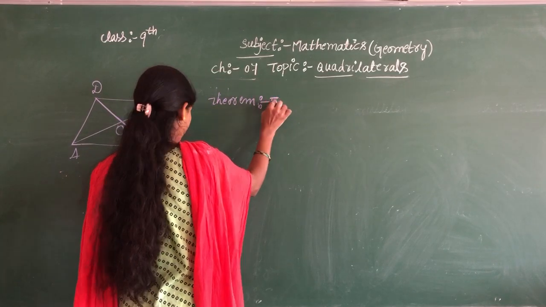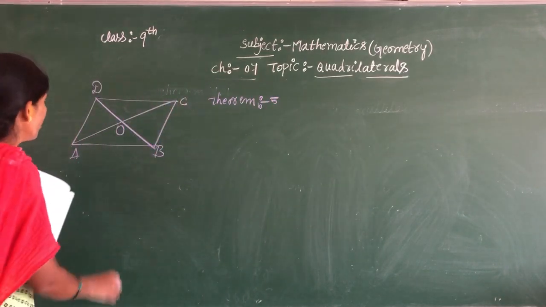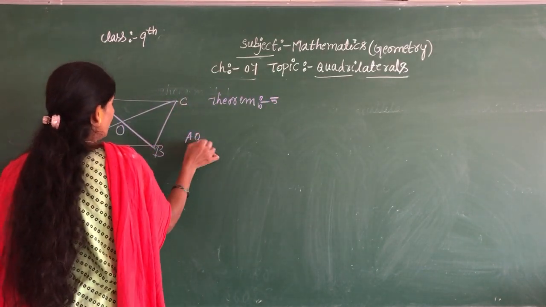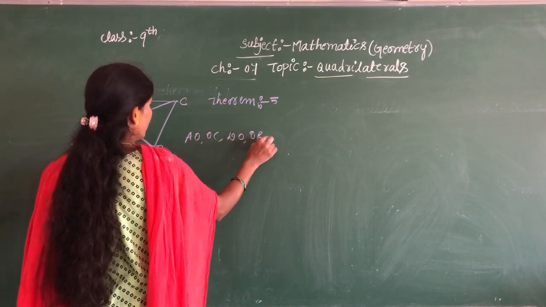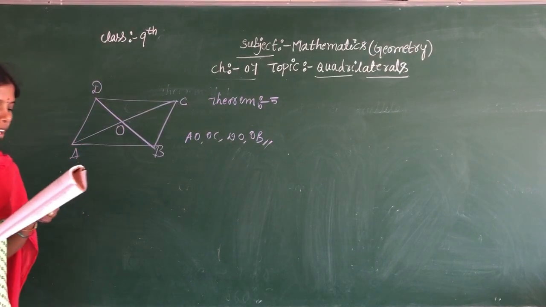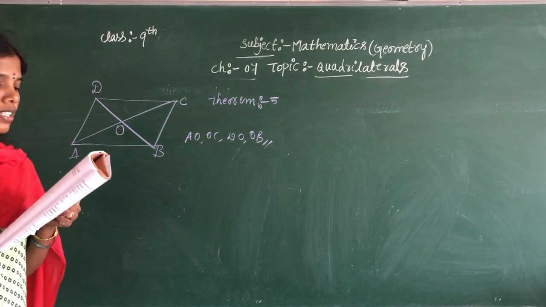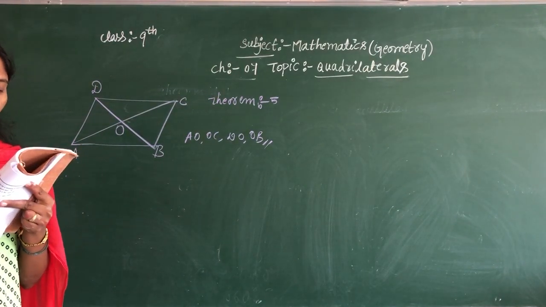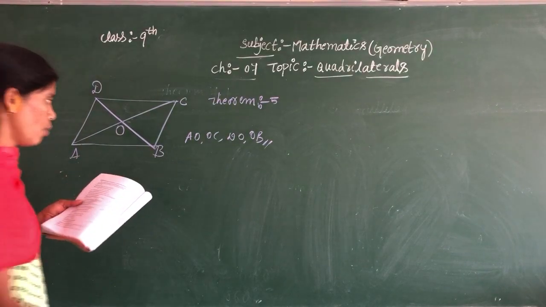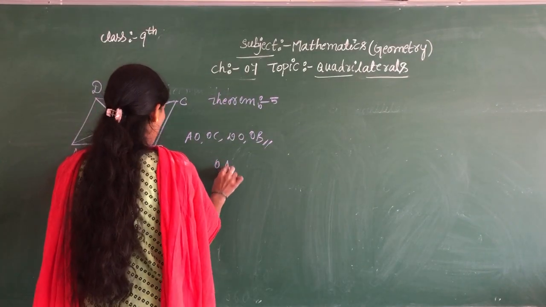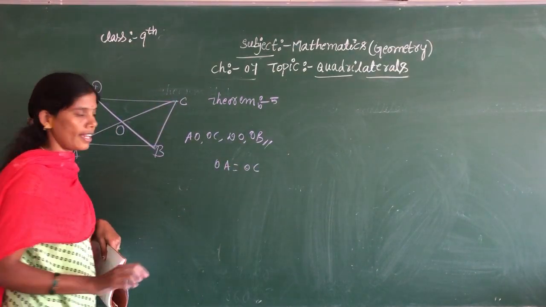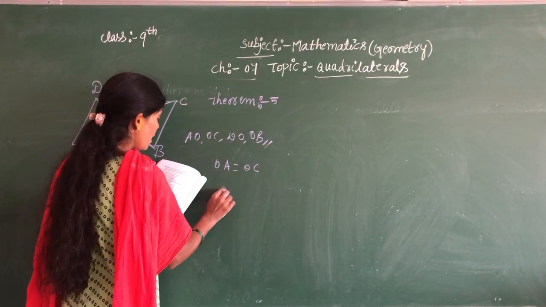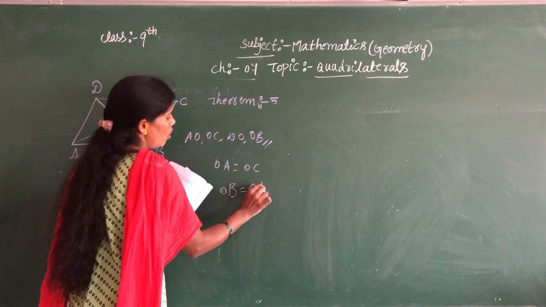So you should say that AO, OC and DO, OB. This is the intersecting point. So this is OA and OC, and OB and OD. OA is equal to OC, lying in one straight line, and OB is equal to OD.